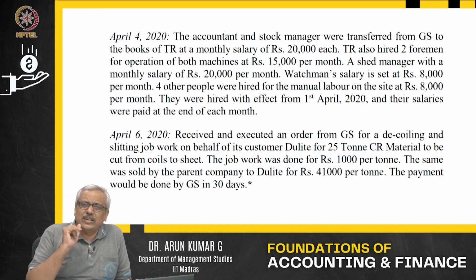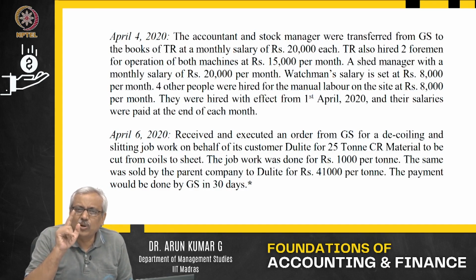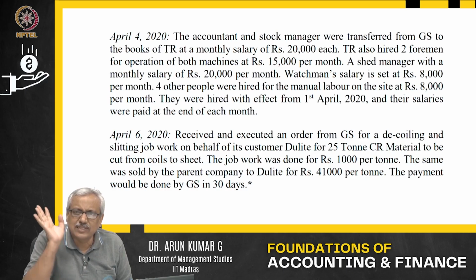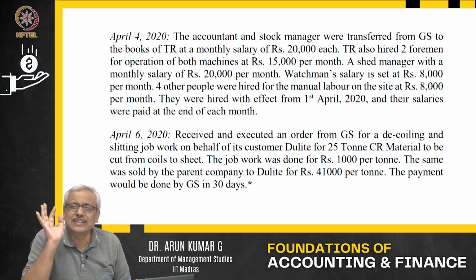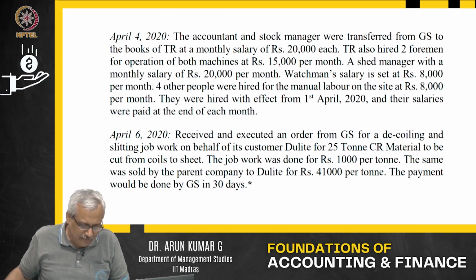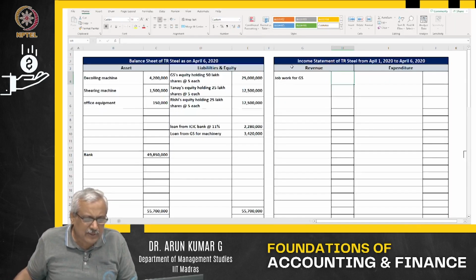Is it 41,000 or 21,000? Please note, GS is selling to Dulite at 41,000. That is none of your business. How much is GS paying you, or liable to pay? Only job work, 1,000 per ton. How many tons? 25 tons in this particular case.